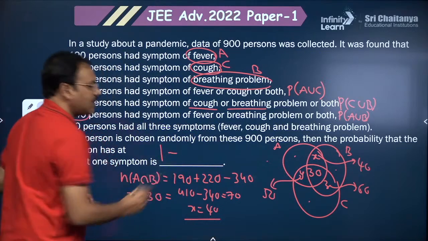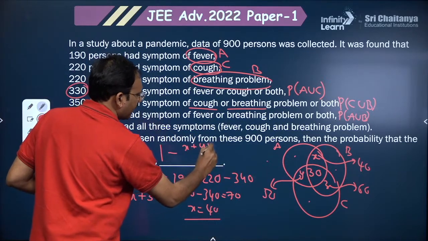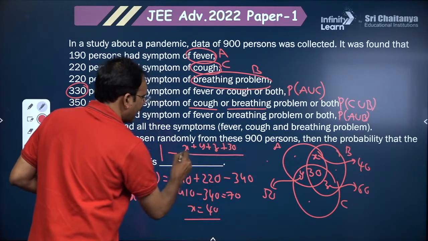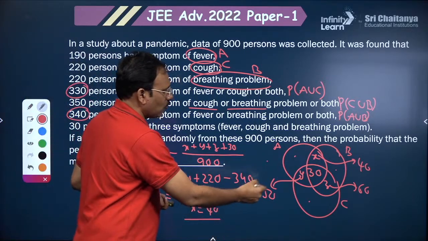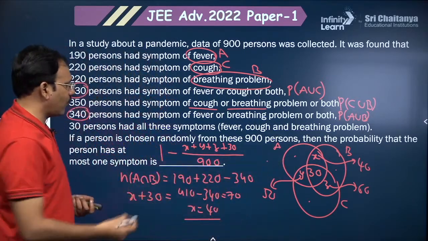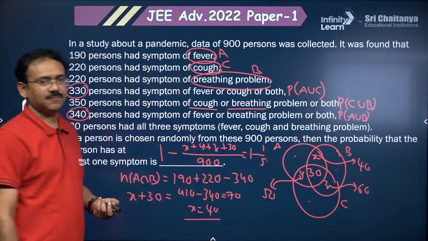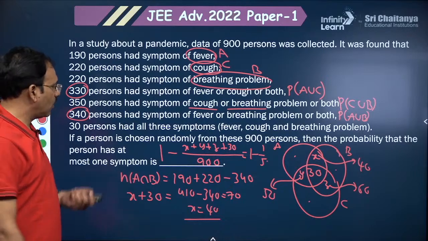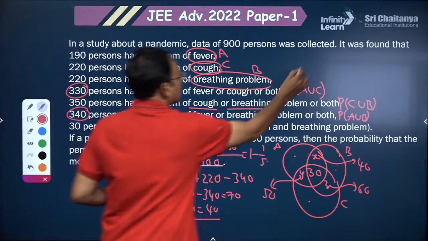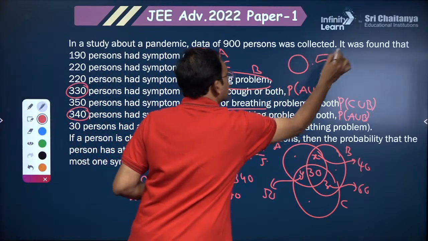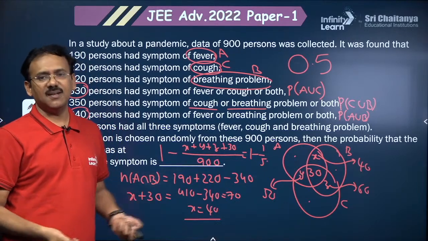I write the probability as 1 minus, you see, 2 or more symptoms, X plus Y plus Z plus 30 by 900 you can write. Yes, you see X plus Y plus Z is 150 plus 30, 180 it is, 180 means 1 minus 1 by 5, which is going to be 4 by 5 is the probability, which is 8 by 10, 0.8 is going to be the answer. It is just a simple probability problem, or else I can say a Venn diagram based set theory problem it is, right.